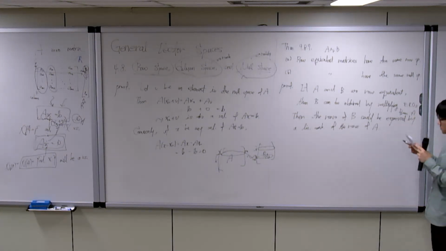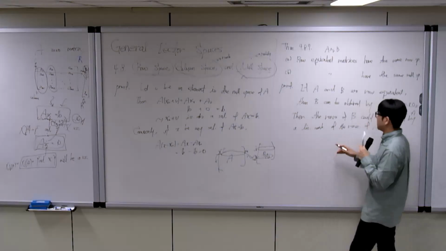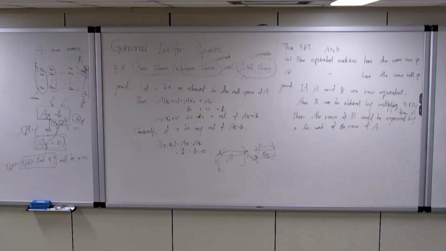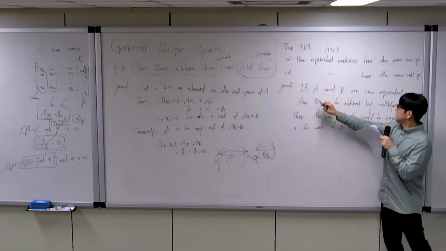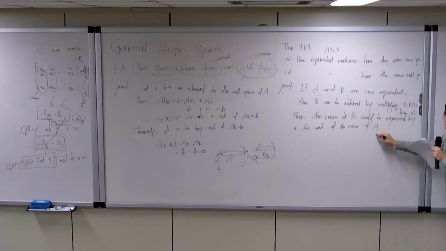And conversely, if you choose matrix A first, then A could be expressed by the rows of matrix B.